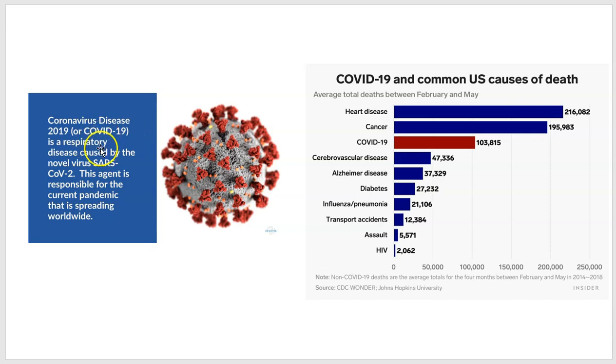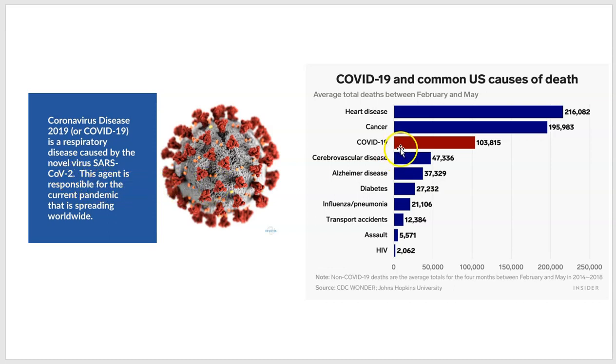It's a respiratory disease, and the name of the virus that causes the disease is SARS-CoV-2. So this stands for the SARS coronavirus 2. SARS stands for severe acute respiratory syndrome. And then coronavirus 2, well, there were other coronaviruses previously known, so they labeled this one coronavirus 2.